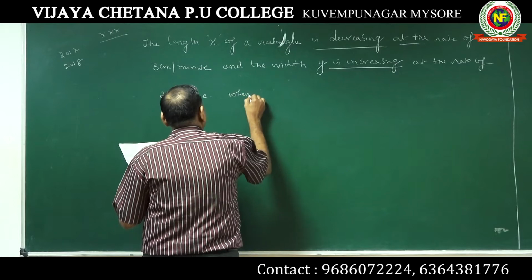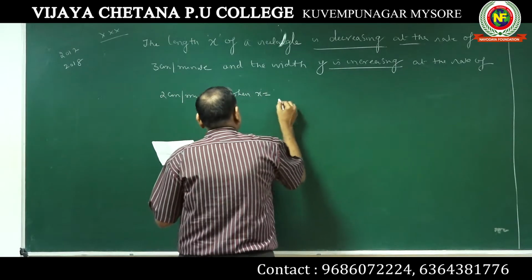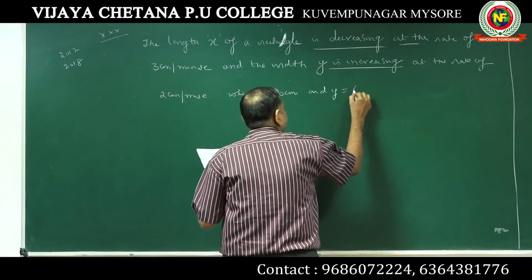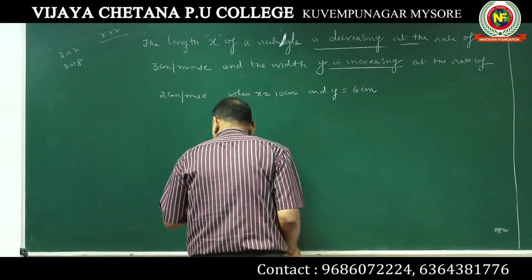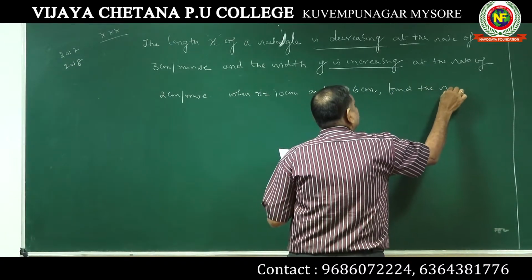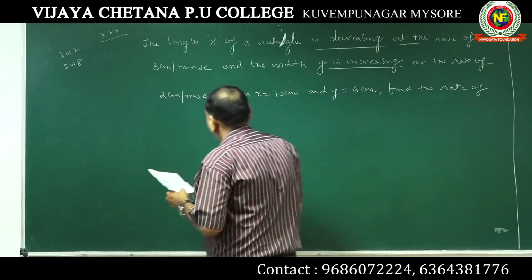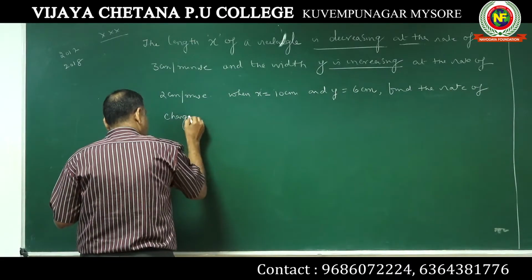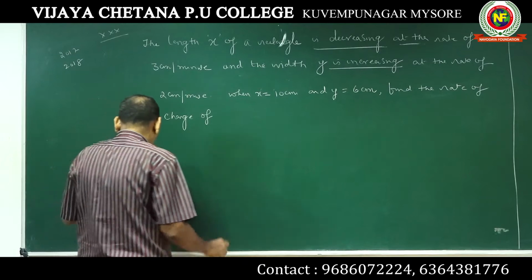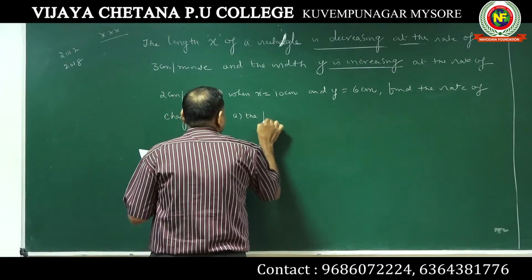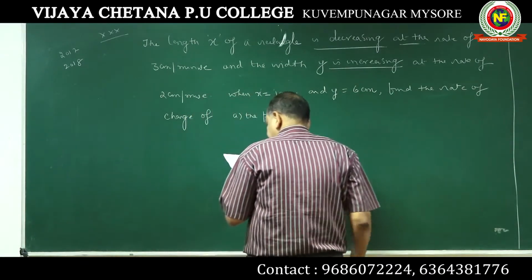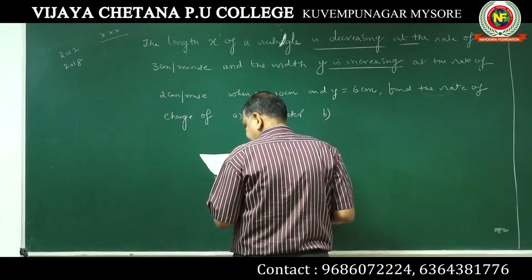Next, when x is equal to 10 centimeter and y is equal to 6 centimeter, find the rate of change of A, the perimeter, and B, the area of the rectangle.